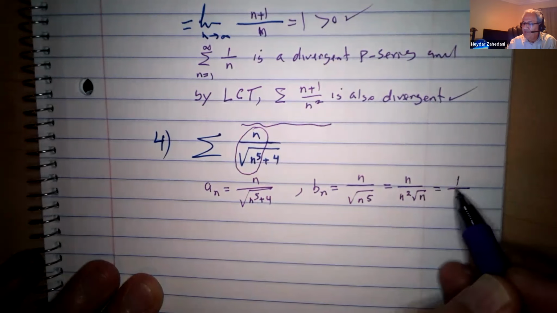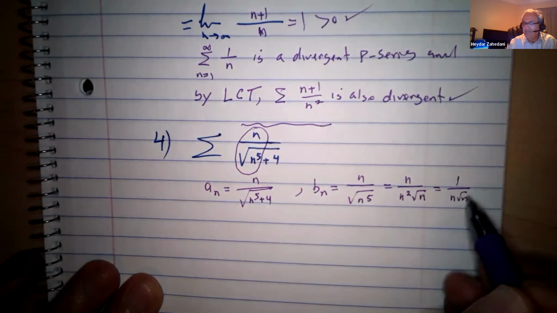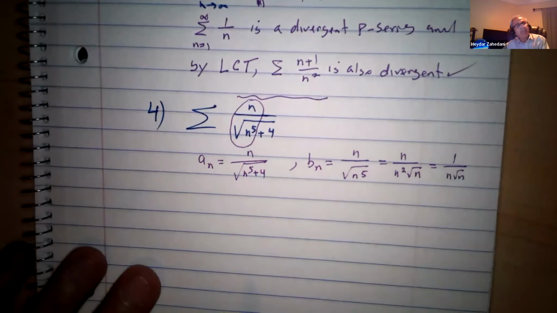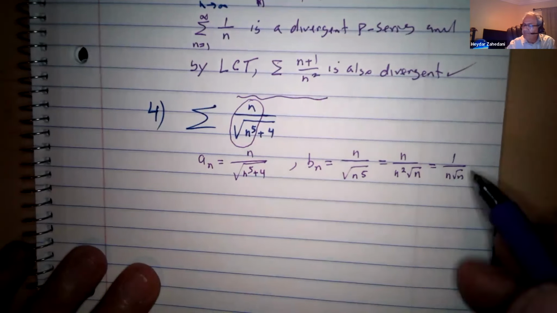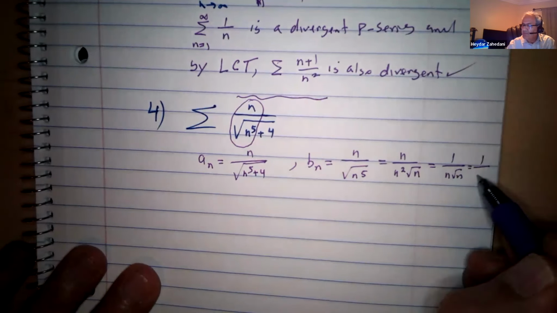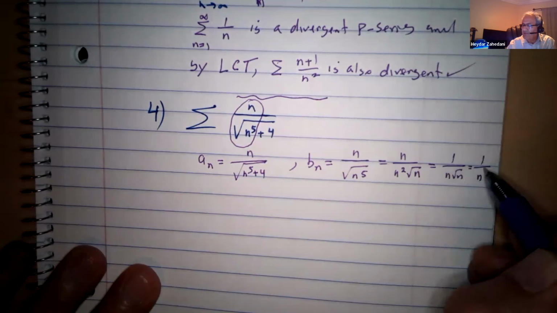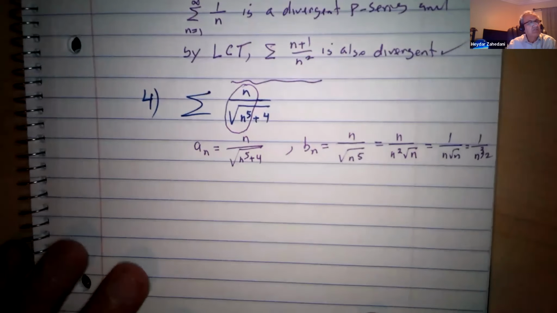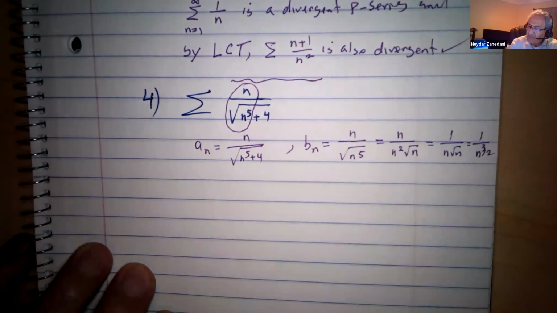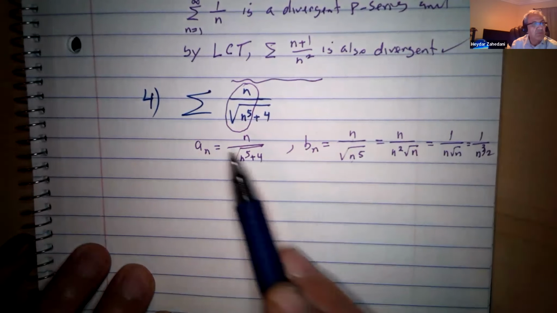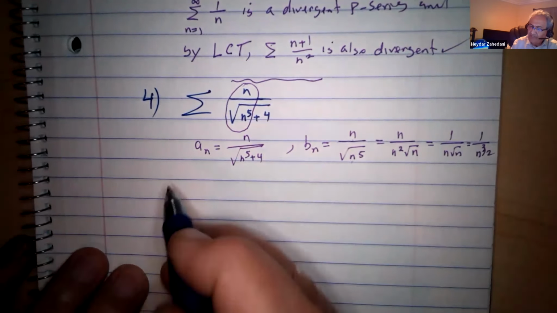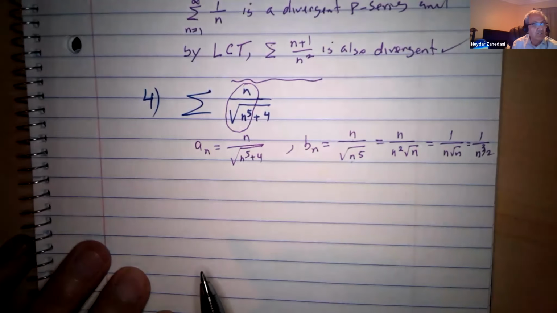You simplify that, give 1 over n radical n, which is convergent, you know that. It's going to be n to the 1/2 and 1, 3/2. So what you do, form that fraction, but when you form it with this, you'll be able to find the limits right away. So you know that your series is convergent.